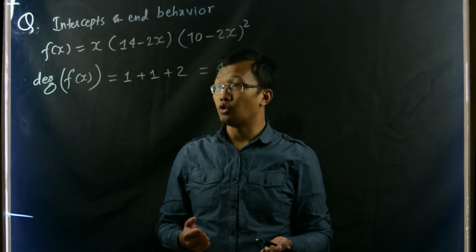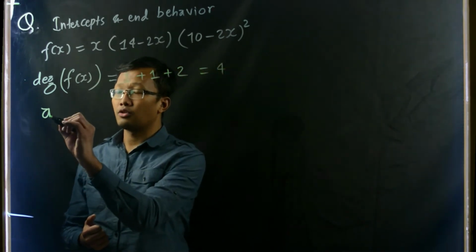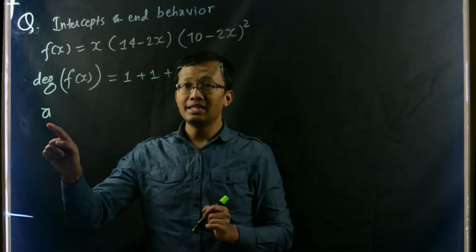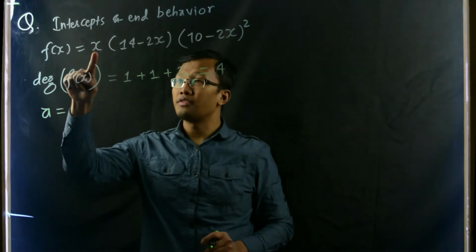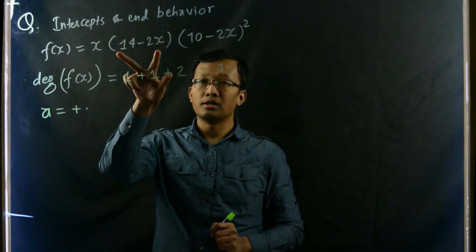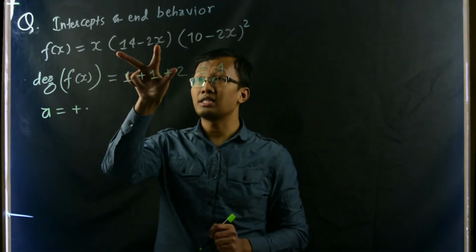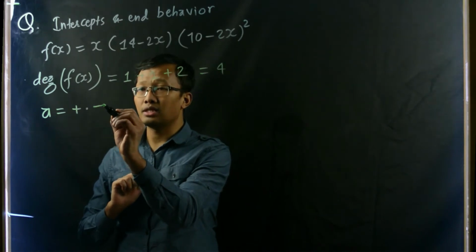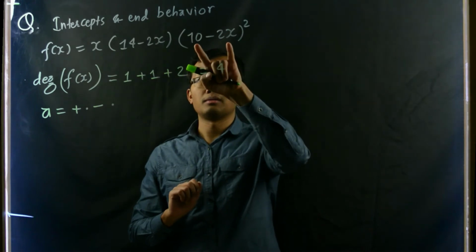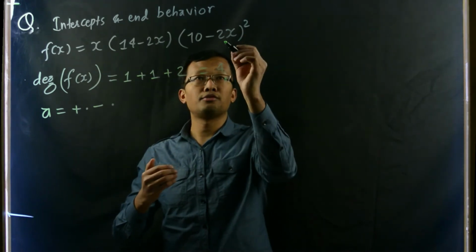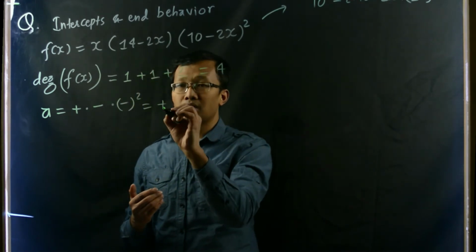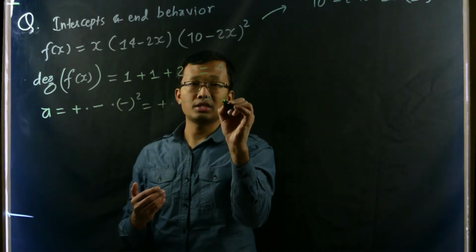Degree is 4. Now let us find out whether a is positive or not. a means the leading coefficient. The coefficient of this x is positive, in this factor the coefficient of x is -2, so that would be negative in this case. And if you expand this binomial factor, it will give us 4x squared. You can simply see that it's negative whole squared, that will give us plus times minus times plus, which is minus.